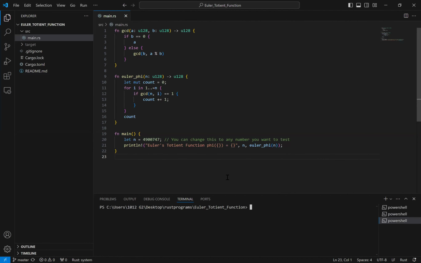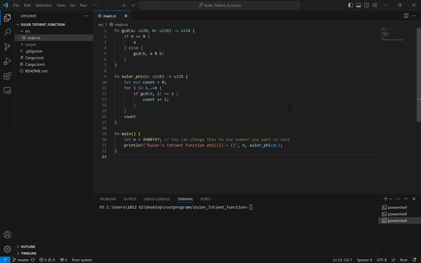Are you able to see it? Chris, can you see it? Chris Gashau, can you see it? Yes.